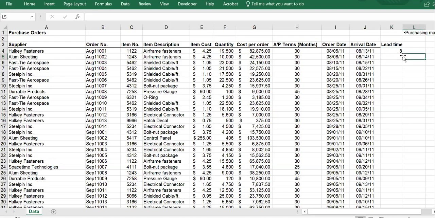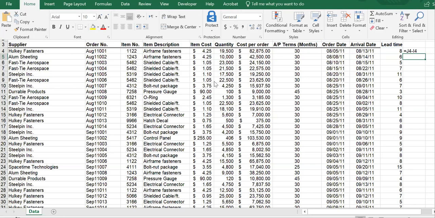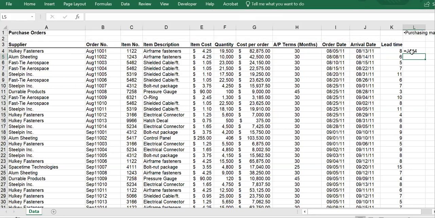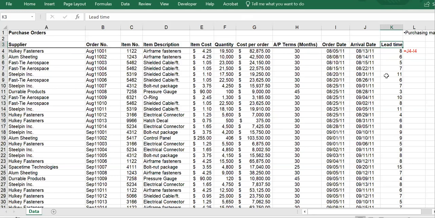So if I just do that, this is what I'm trying to find. All right, so now we have the lead time for each order.